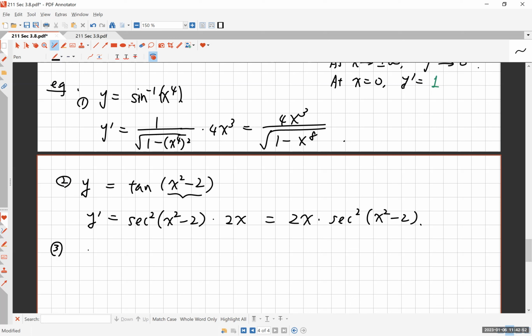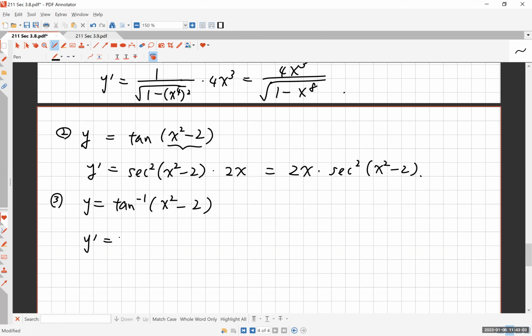Okay, what I was going to ask you, since this is section 3.8, was the inverse tangent of x squared minus 2. If that's the case, what is the derivative of this? Right, the answer is 1 over, now remember, there's no square root for the derivative of the inverse tangent function. So it'll be 1 plus x squared, except it's 1 plus blob squared.